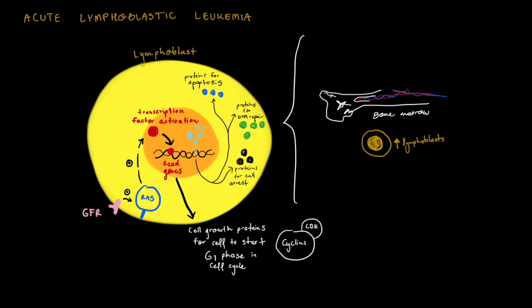This is why we have deaccelerated growth of the immature form of the lymphocells, right? Lymphoblast.